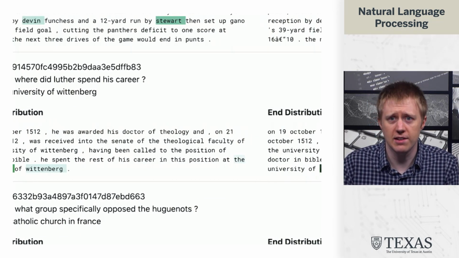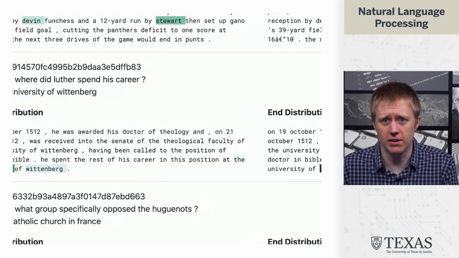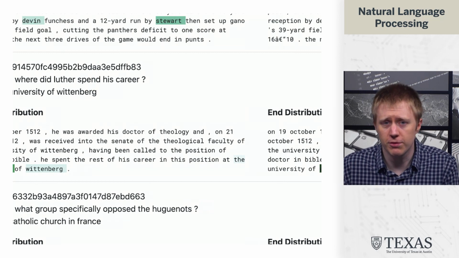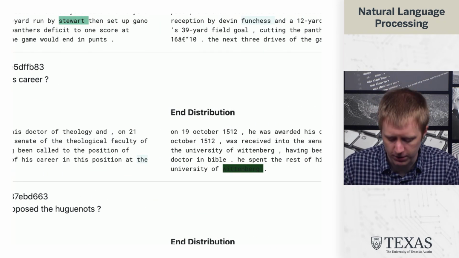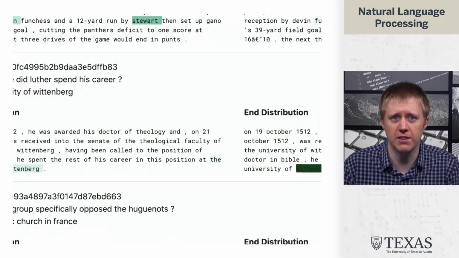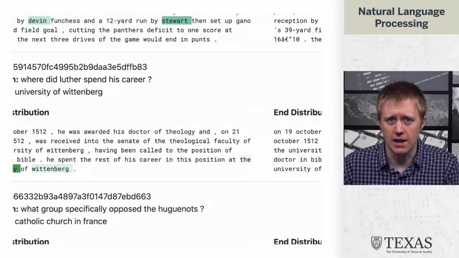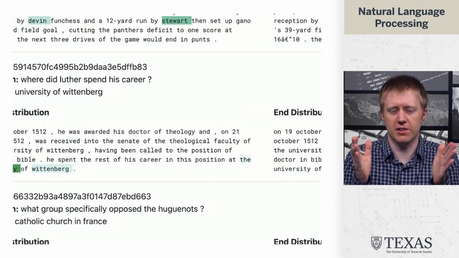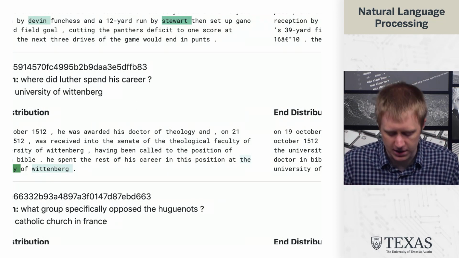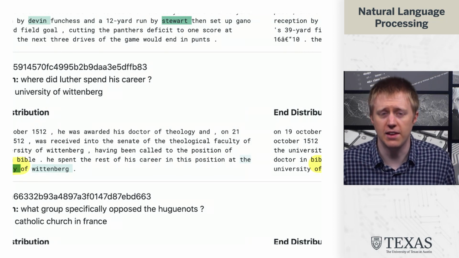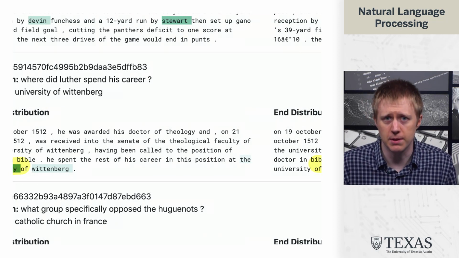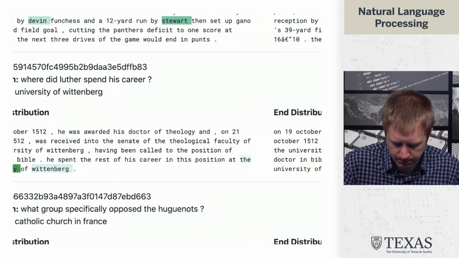In this case, the start distribution sort of likes Wittenberg, it very much likes university, and then the end distribution places all of its mass on Wittenberg. When we search to find the span that has the highest start times end probability, we're going to pick out these endpoints, and the final span is going to be University of Wittenberg, and that's the right answer.